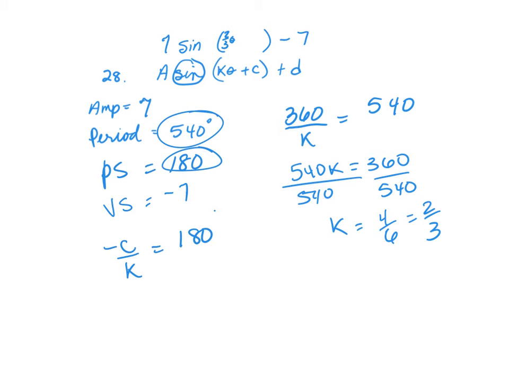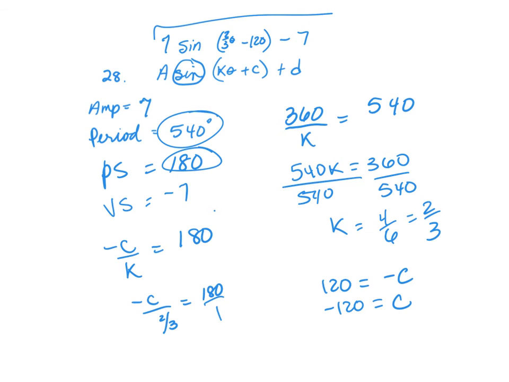And so we have negative C over 2/3 equals 180. When we cross multiply, we get 120 equals negative C, so negative 120 equals C. When you multiply 180 by 2/3, you get 120. And when it's negative, it's negative. So we've got here a minus 120, and that is my answer.